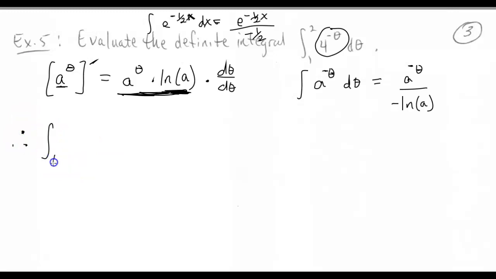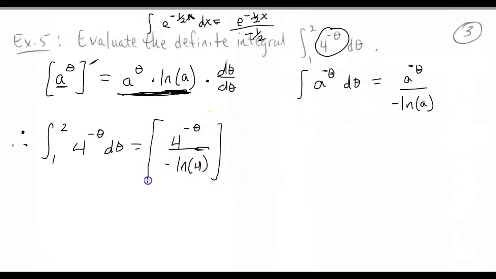So we say the integral from 1 to 2 of 4 raised to the minus theta d theta. And that's just going to be 4 raised to the minus theta over a negative natural log of 4, and that will be evaluated from 1 to 2.